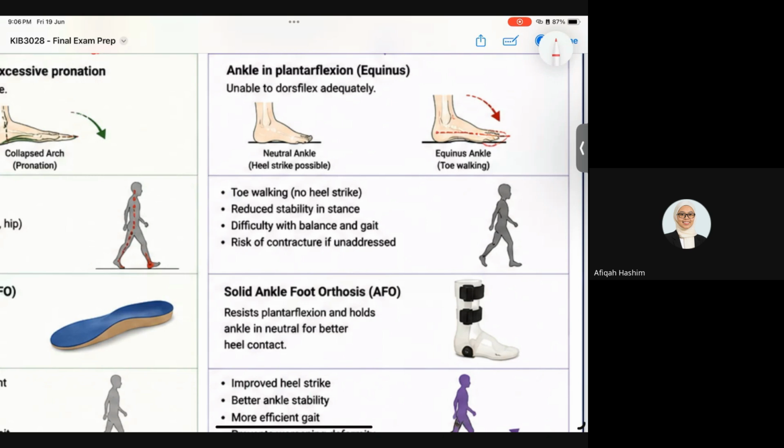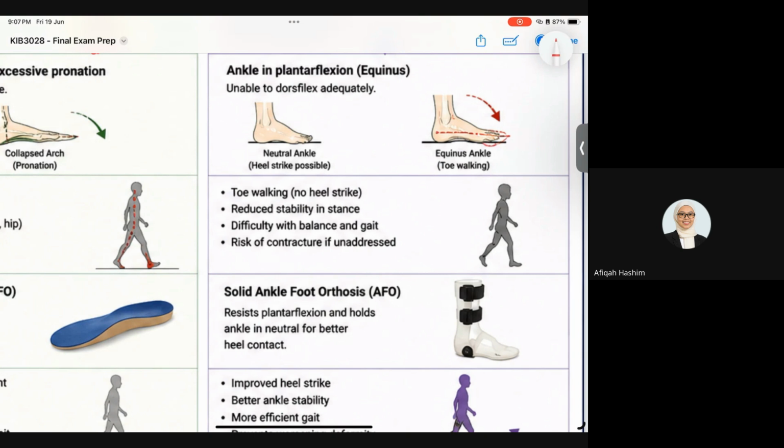Again, don't simply write "this patient has cerebral palsy, so I give AFO." Instead, you can explain something like this: the patient has excessive plantar flexion caused by spastic calf muscle, which results in toe walking and reduced stability.